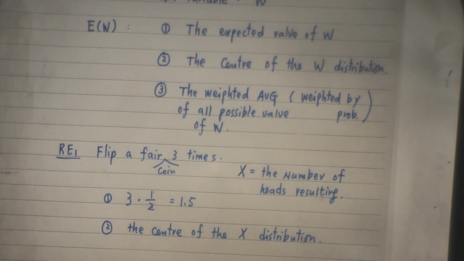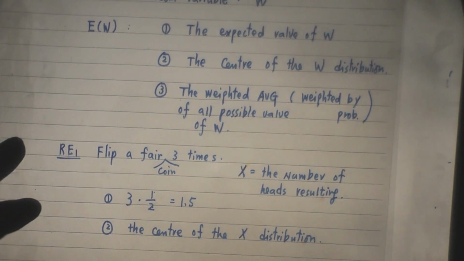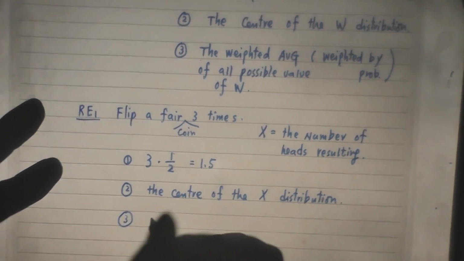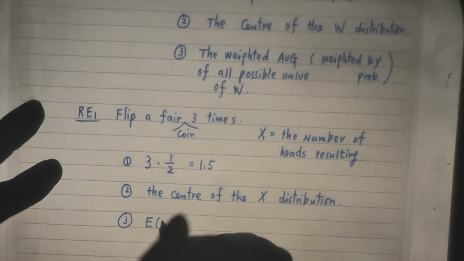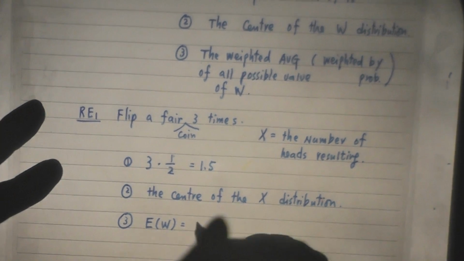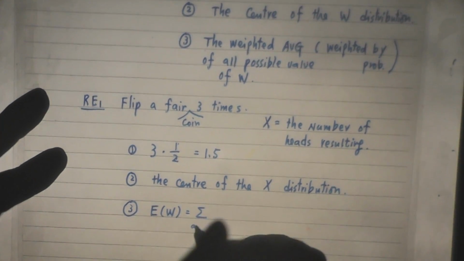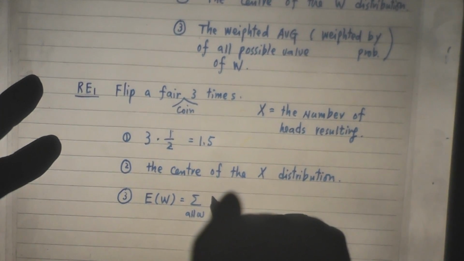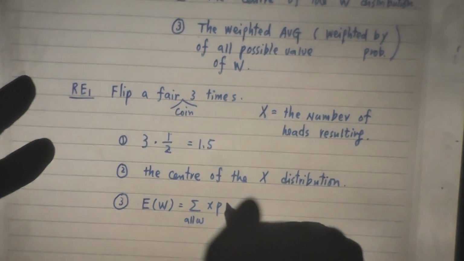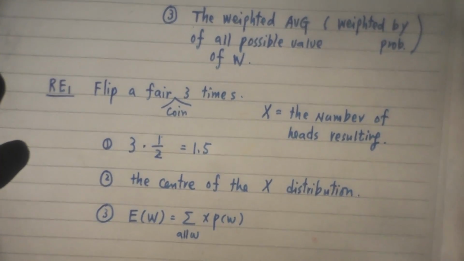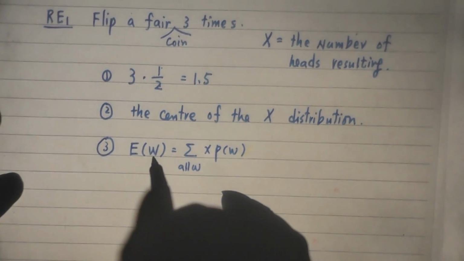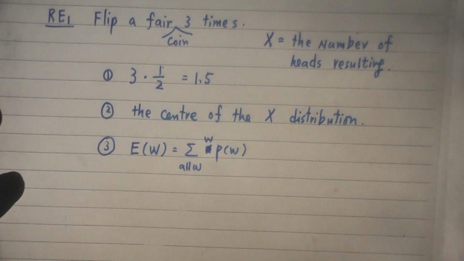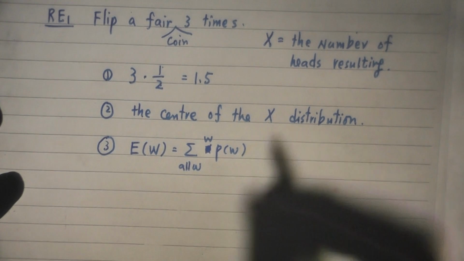And next one, the weighted average of all possible values of W. What does that mean? Well, that is to say the expected value of W is the summation of all possible values of W times P of W. This is a general formula.